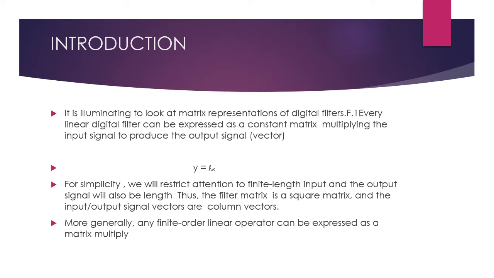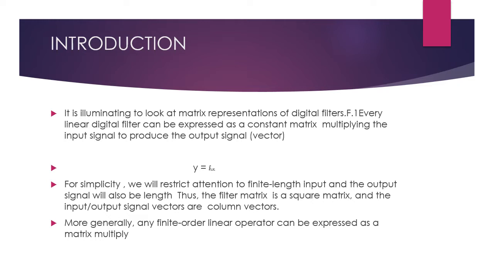It is expressed as y = Hx. For simplicity, we will restrict attention to finite length input, and the output signal will also be of the same length. Thus, the filter matrix is a square matrix and the input and output signal vectors are column vectors.